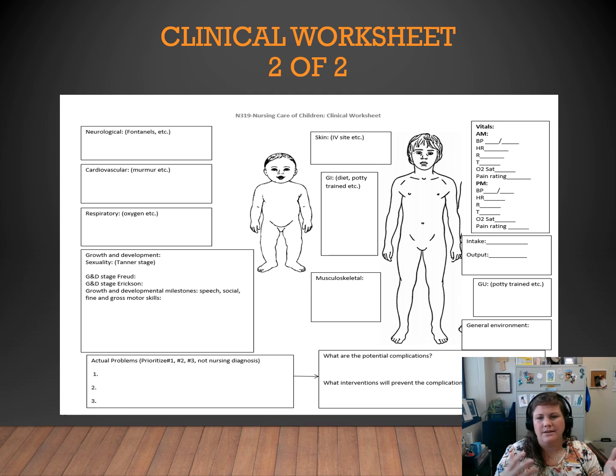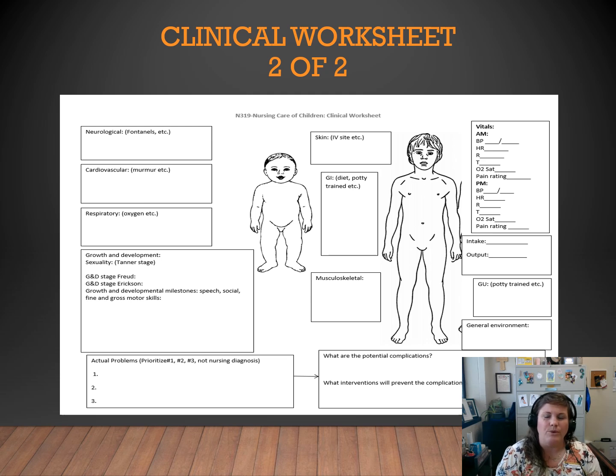In the musculoskeletal system, you might document active range of motion, what the extremity tone appears to be. So you're basically just going to be addressing these different systems for your patient within these boxes, putting things down that you observe when you assess the patient.